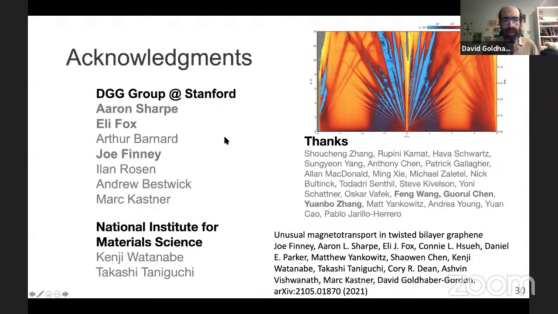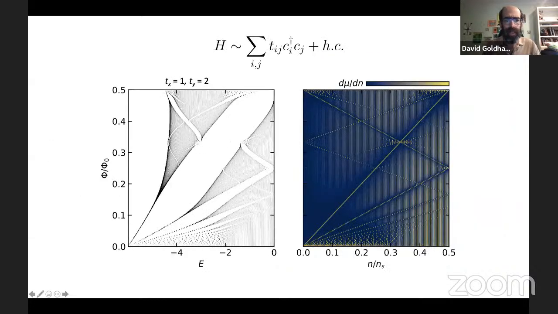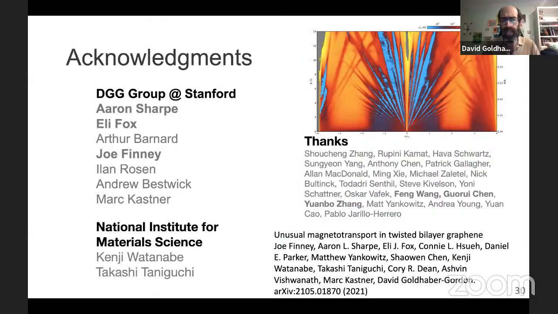So let me just stay here and make a couple of comments about what may be happening. If you remember, this sample was made by the tear and stack technique. If you imagine taking a very thin membrane, say a plastic wrap, and tearing it, you might imagine that you would introduce strain.